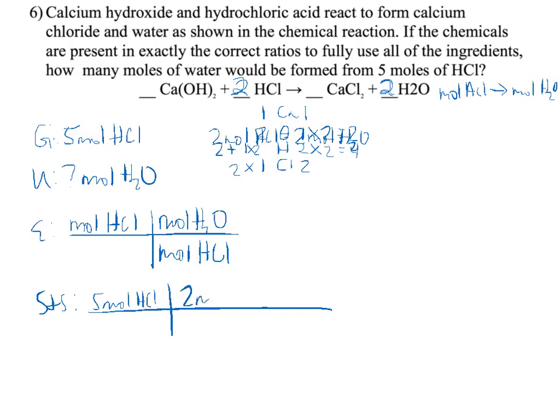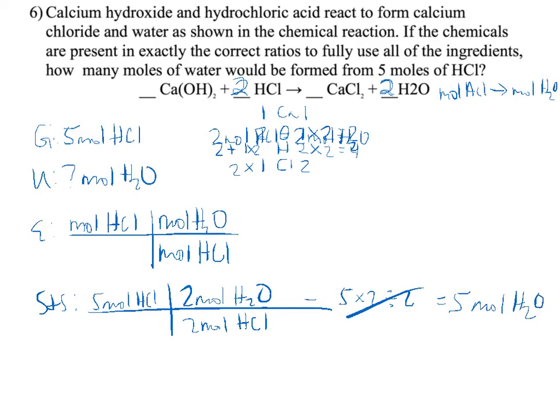Our mole to mole ratio is 2 moles of water and 2 moles of hydrochloric acid. So then if we go to do this, that's 5 times 2 divided by 2. So really those cancel out. 5 times 2 divided by 2 is just 5. So we have 5 moles of water.